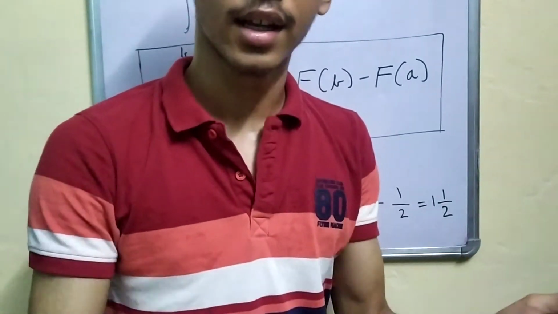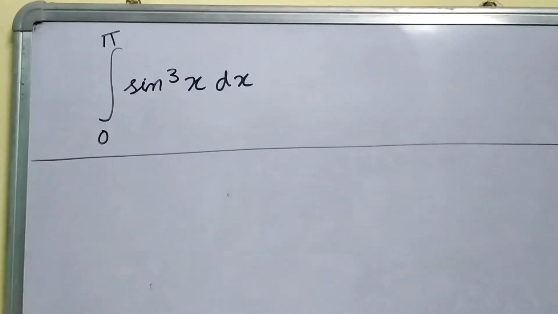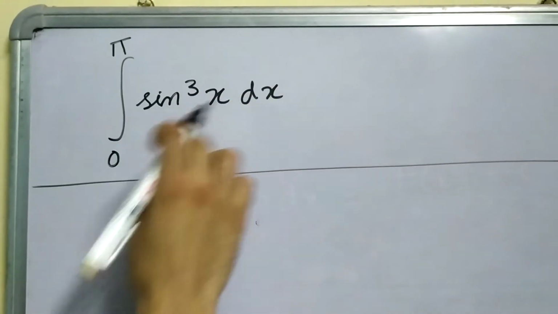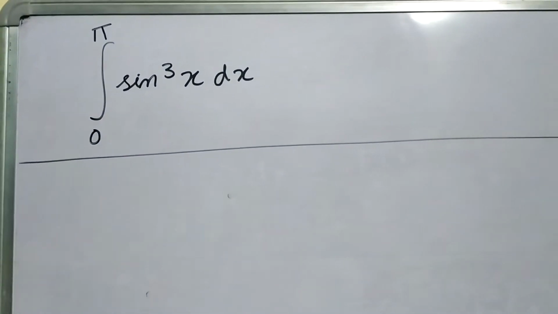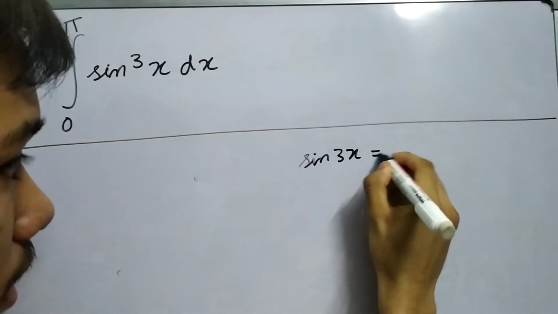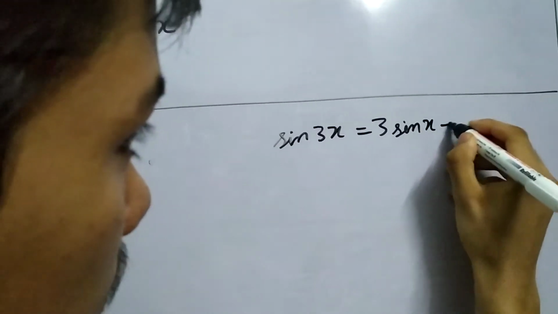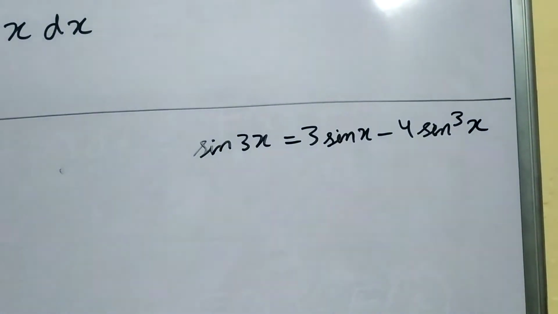Now let us see another example. We need to evaluate the integral of sine cube x dx from 0 to pi. I'll be using a trigonometric identity: sine 3x is equal to 3 sine x minus 4 sine cube x.